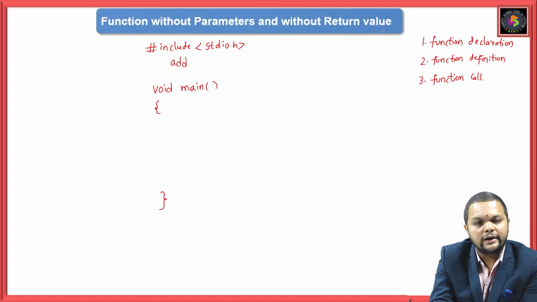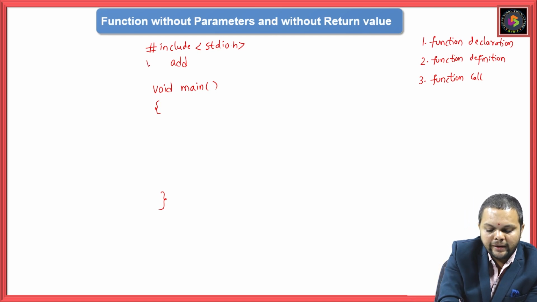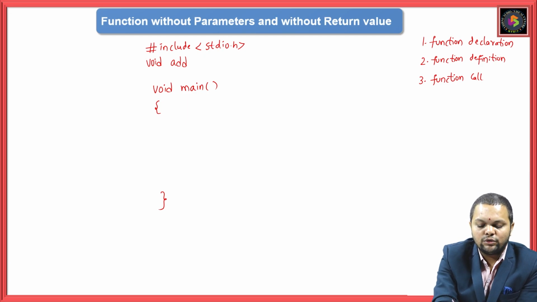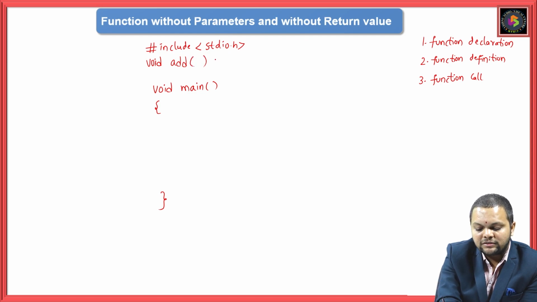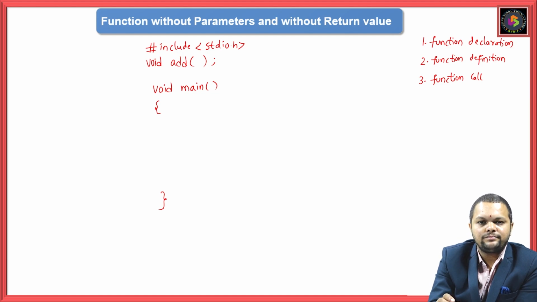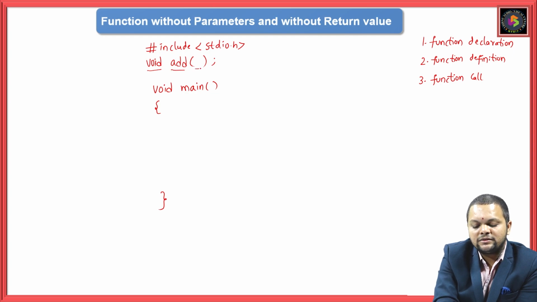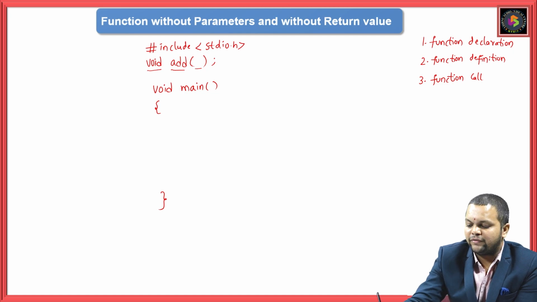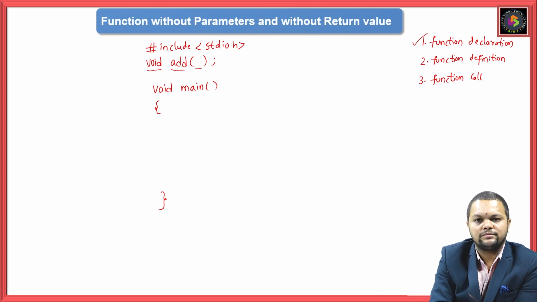If there is no return value, then I need to make sure that the return type is void. And without parameter, there are no parameters here. We are just declaring a basic function: void add. This is the return type, this is the name of the function, and these are parameters. There are no parameters in this particular function. So the first part is done, the function declaration.